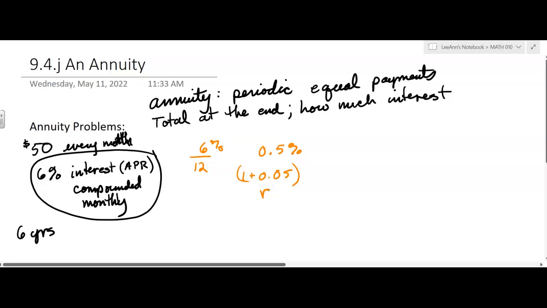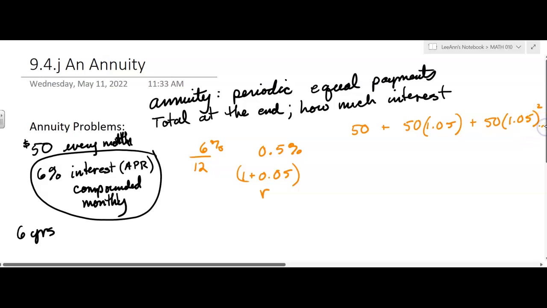Okay, so first month you have $50, and the next month you have 50, plus you have another 50 plus, 50 times 1.05. Yeah, okay. And then the next month, you're going to have 50 times 1.05 squared, like that.